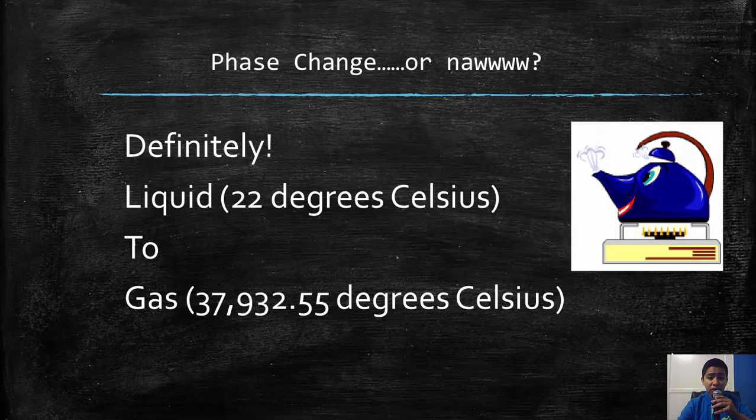That doesn't mean that we have negative energy like some voodoo magic energy, it just means that the chemical was giving off energy, and we ended up with a gas at 37,932.55 degrees Celsius, which is an extreme temperature. So we definitely went through a phase change, and the water was endothermic because it gained heat from the chemical stored in the chamber, and it raised its temperature.